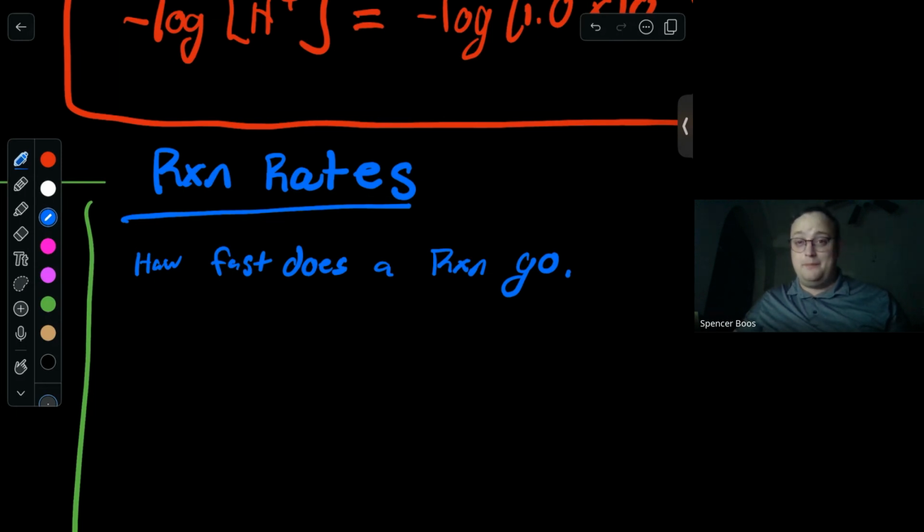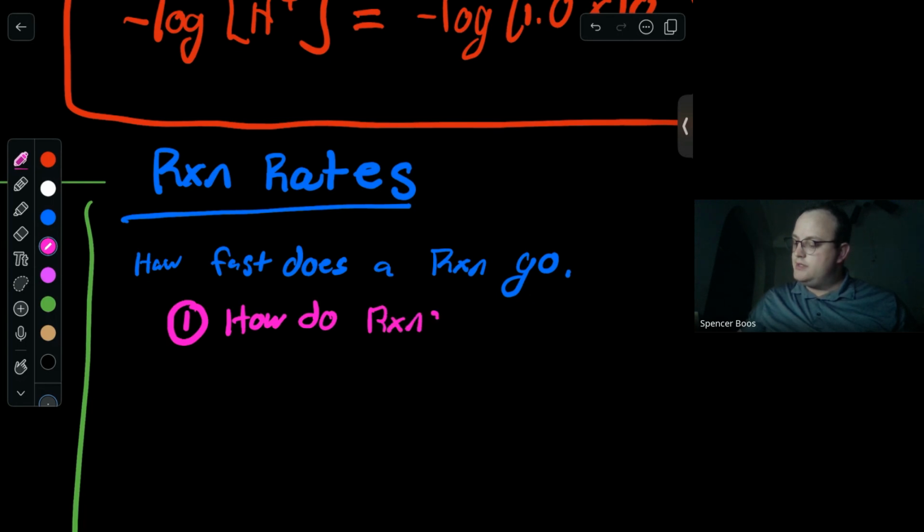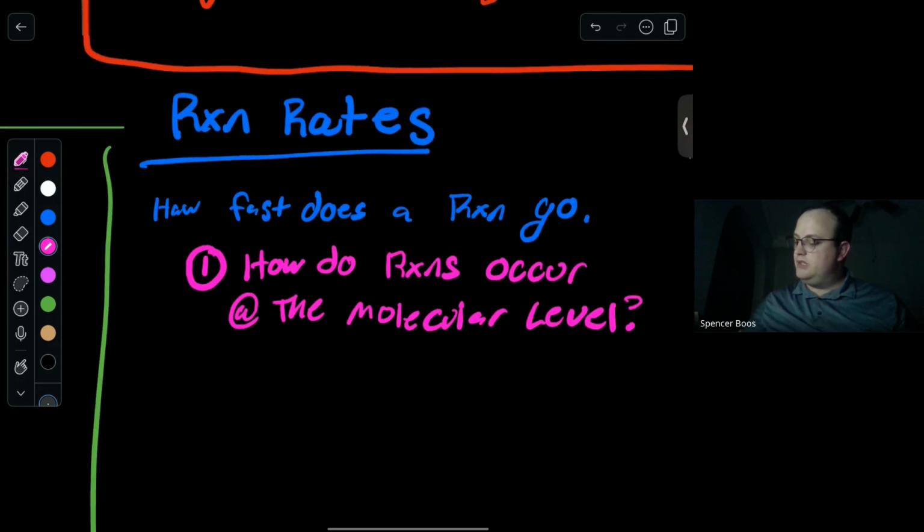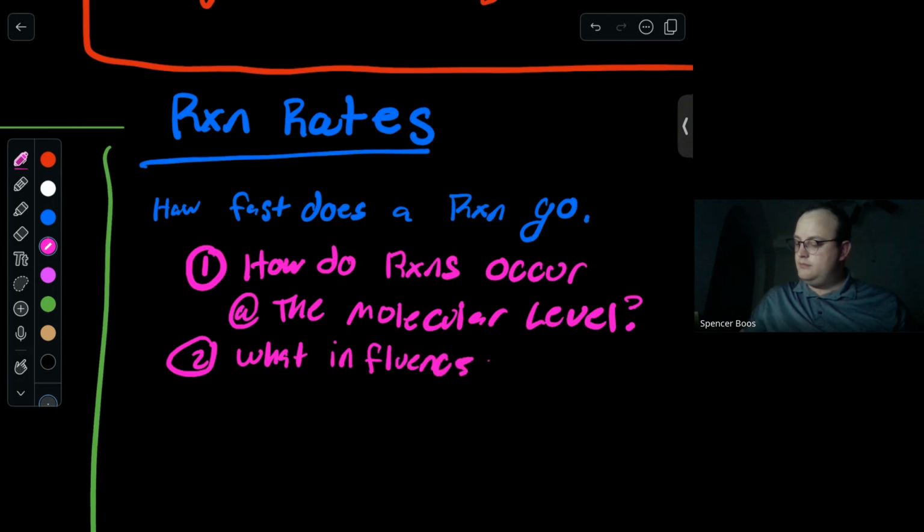For the exam, it's important to understand, one, how reactions occur at the molecular level, and two, what influences reaction rates.